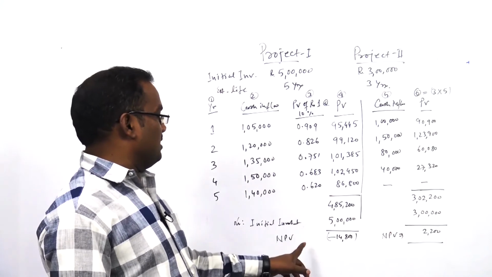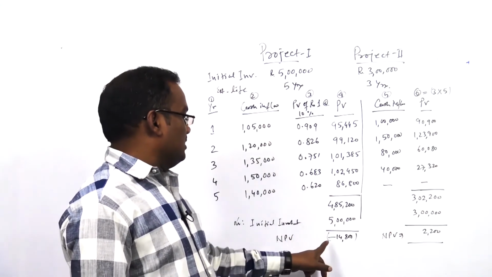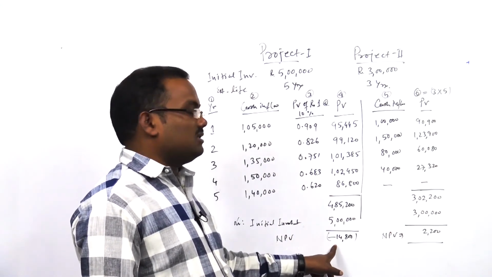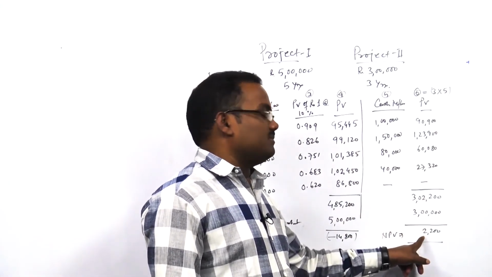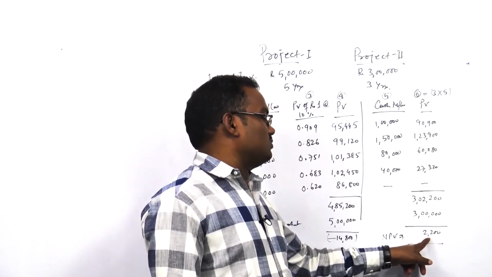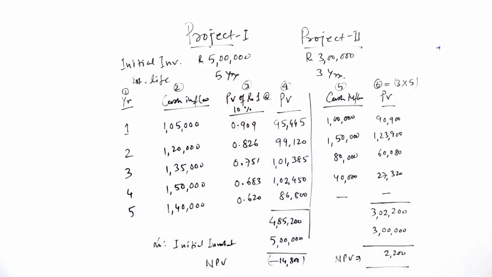So these are our present value and these are the initial investment. After deduction, we can see that in case of project 1, there is a negative net present value of 14,800, but in case of project 2, there is a positive net present value of 2,200. So from this concept, whether the firm has to invest in project 1 or project 2, we can see that project 2 gives us the positive NPV in comparison to project 1.